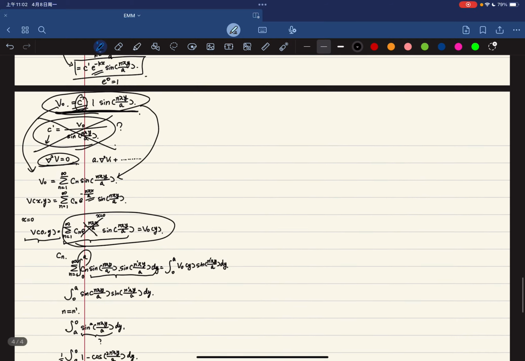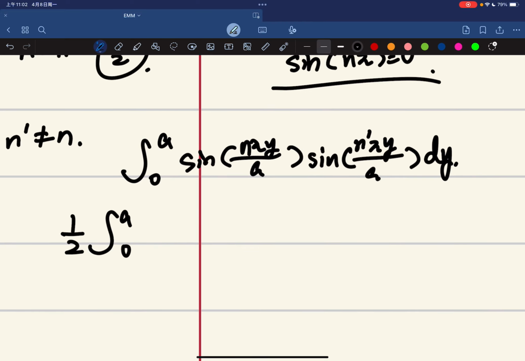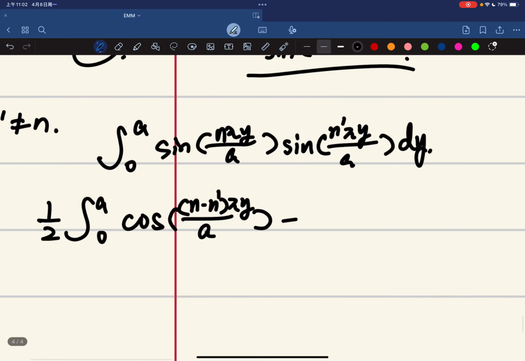So now what do I have? I have again 1/2 cosine of (n minus n prime) pi y divided by a, plus minus cosine of (n plus n prime) pi y over a.